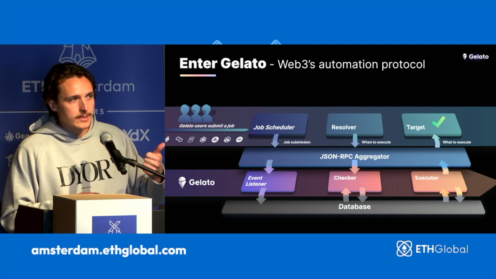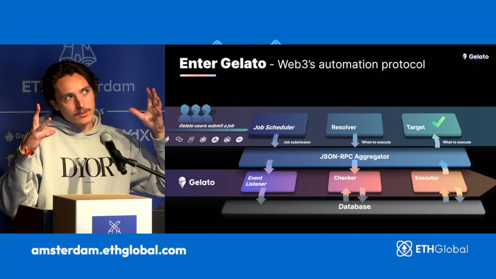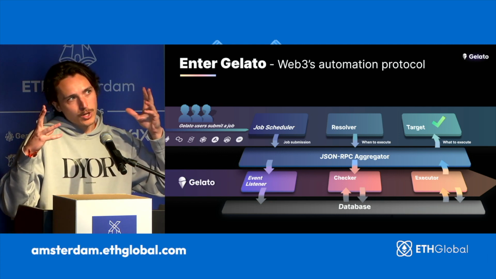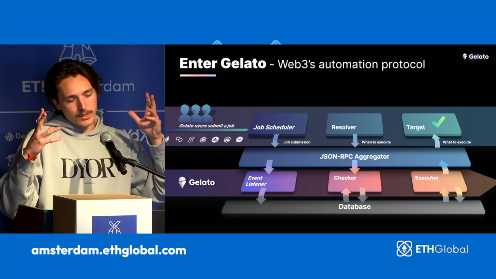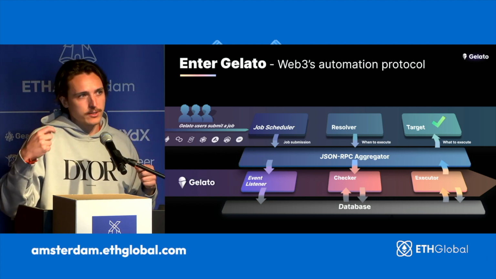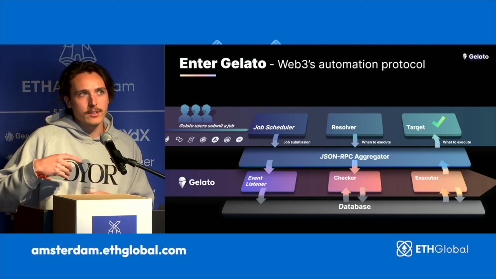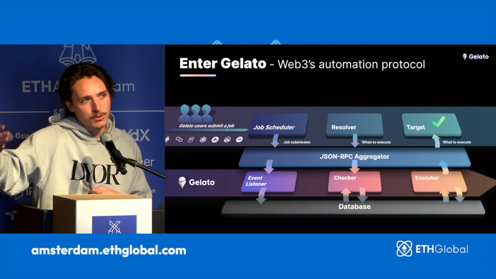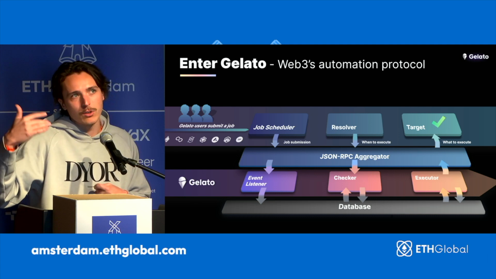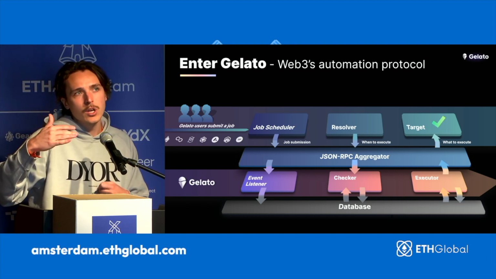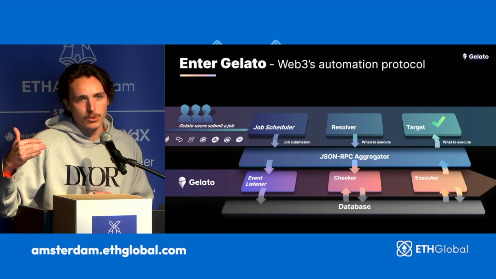What the resolver basically says is, hey, these are the conditions I would like you to track to make sure that my transactions are executed at the right time. For example, check that 24 hours have passed on Ethereum, or check that the price on Uniswap for ETH USDC just dropped below $2,000, for example, right?